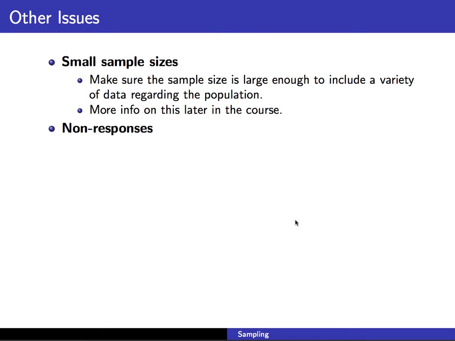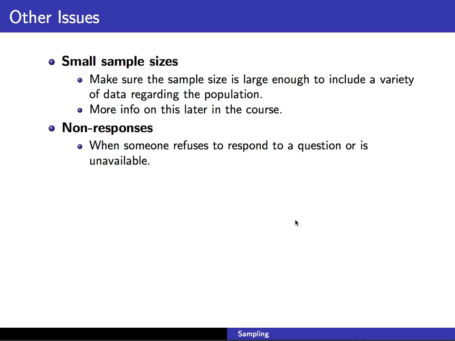Another issue that arises is non-responses, which is when someone either refuses to respond to a question or the information is unavailable. Unfortunately, it does happen quite a bit, and the issue is how those missing data values are handled. Are they handled as not applicable, N/A, or are they treated as zeros?